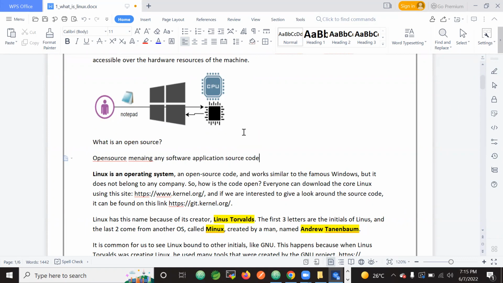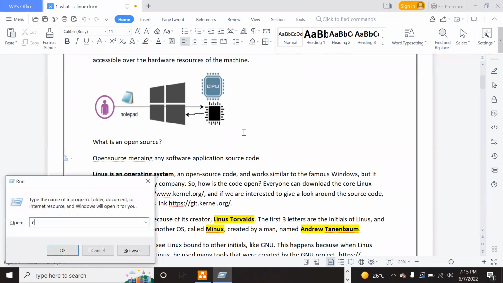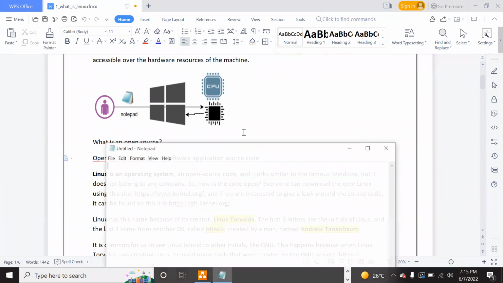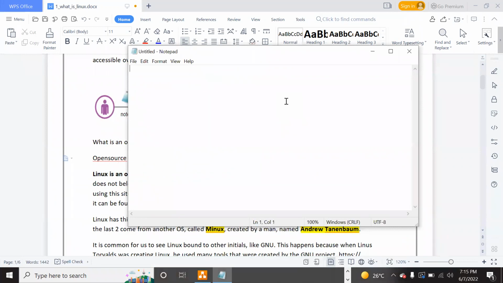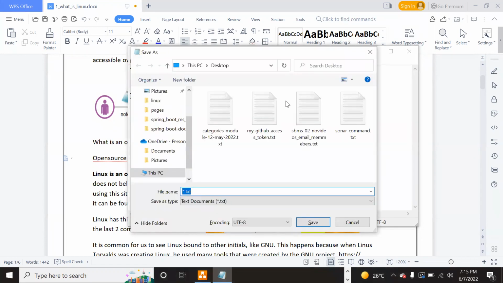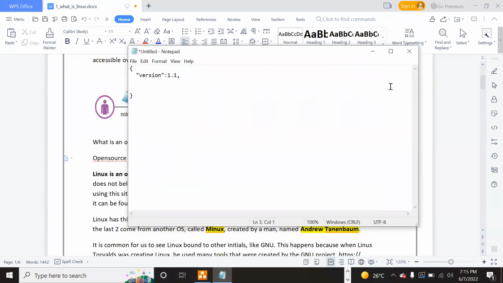For example, assume I opened a notepad and wrote some text, maybe something like version 1.1, anything you can write, and then you save it, which will be understandable by a programming language or maybe a scripting language, whatever it is.